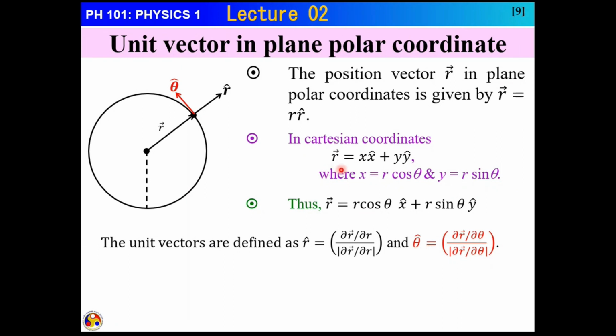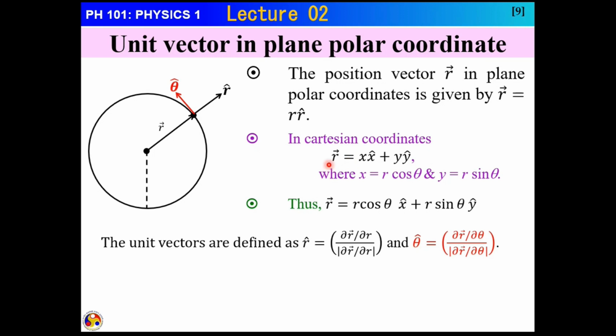This is true for any coordinate system. For example, it is also true for the Cartesian coordinate system. If we want to mathematically define the unit vector along the x direction, that is the rate of change of the position vector with respect to x.